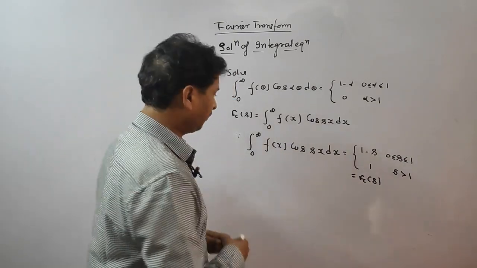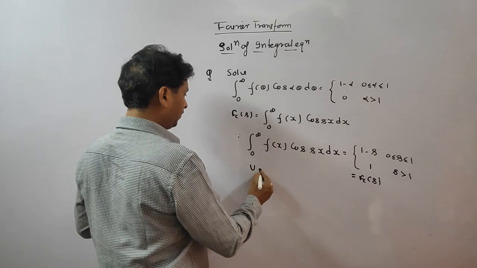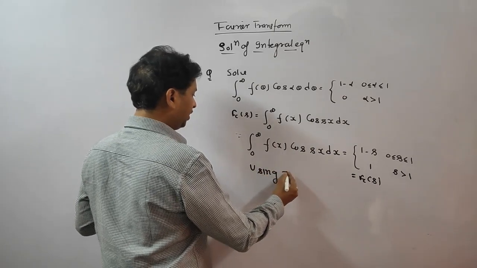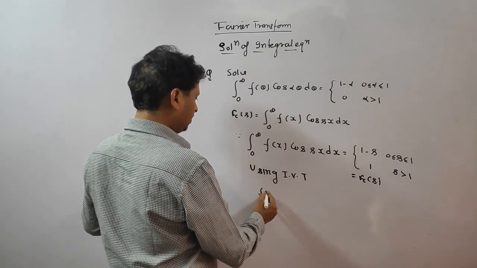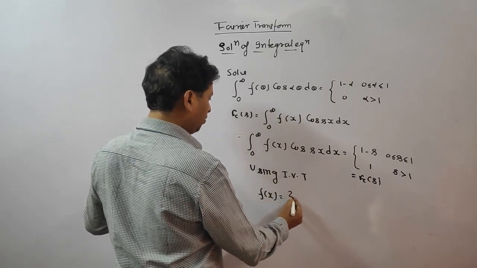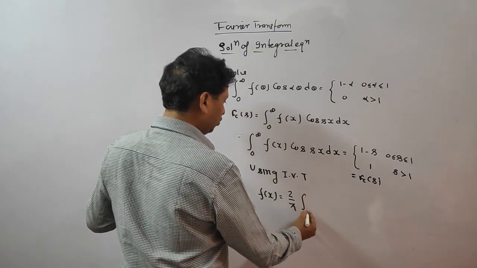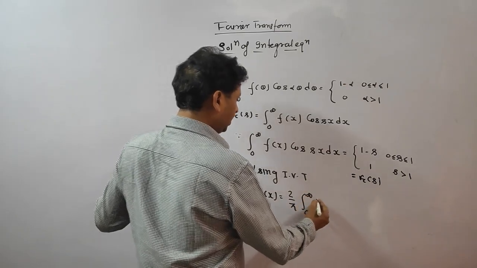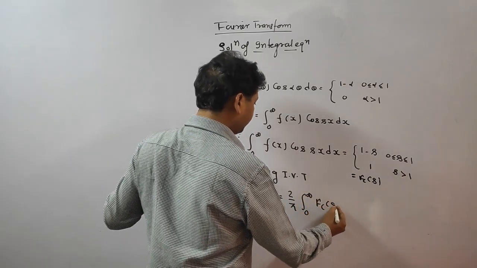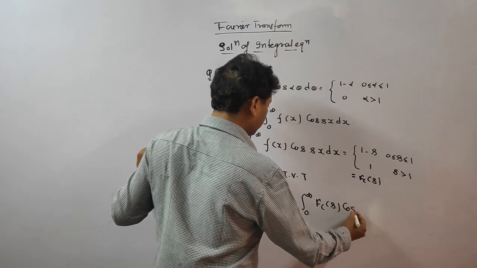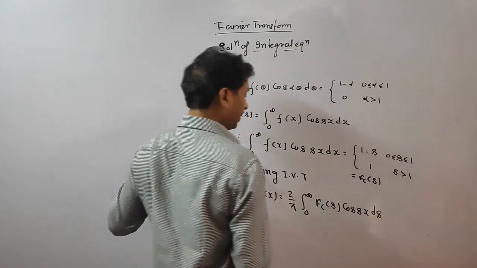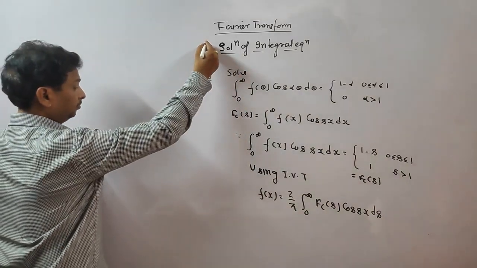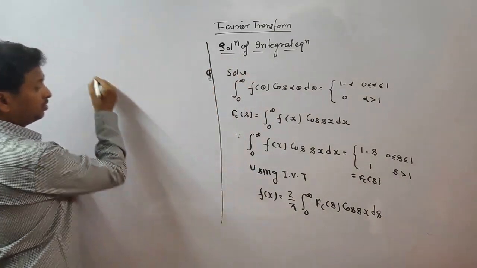Using inverse Fourier transform. What is f(x)? f(x) is nothing but 2 upon pi integral 0 to infinity Fc(s) cos(sx) ds, correct? So just put the values.